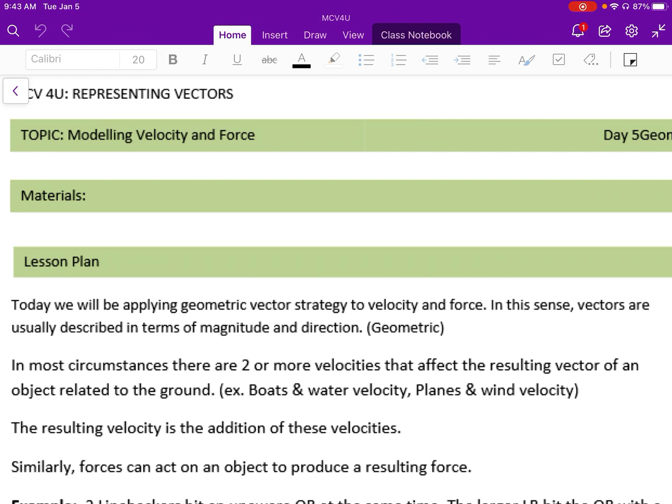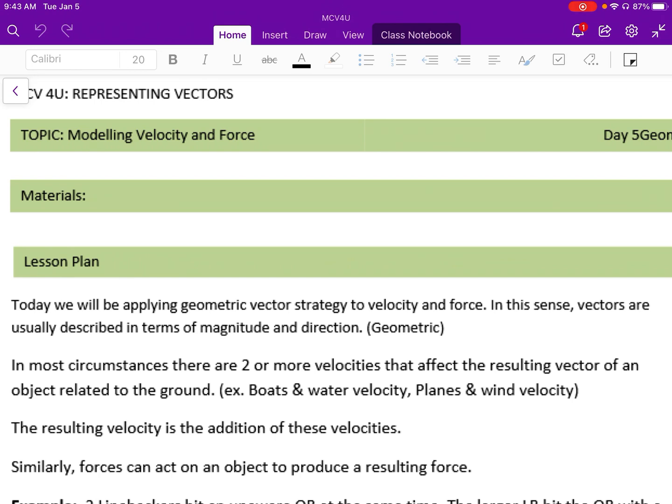In the second session, we'll do those algebraically, how we convert geometric vectors into algebraic vectors, okay? And we'll try to decide over the next couple of lessons which method is best for certain situations, for certain examples, okay? But let's take a look.